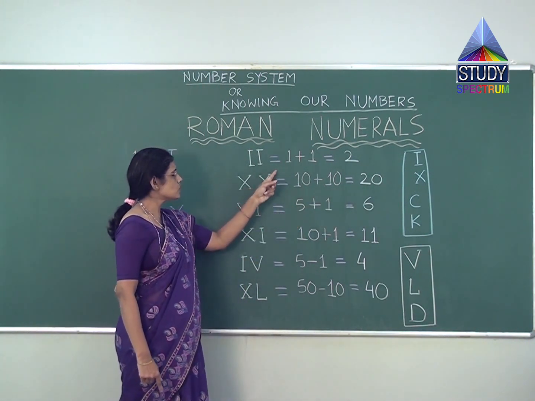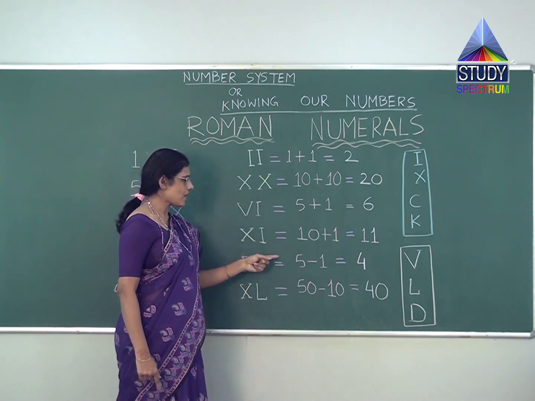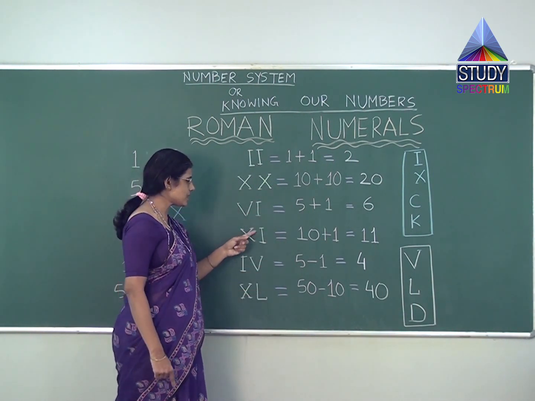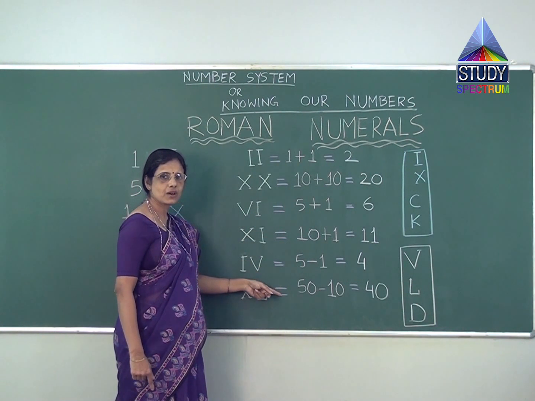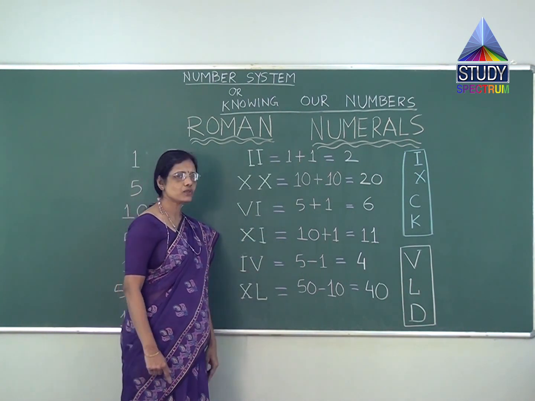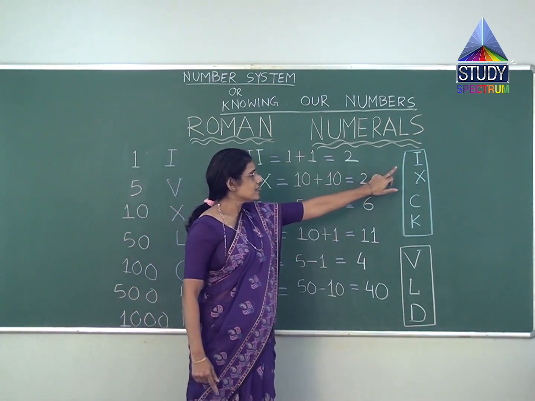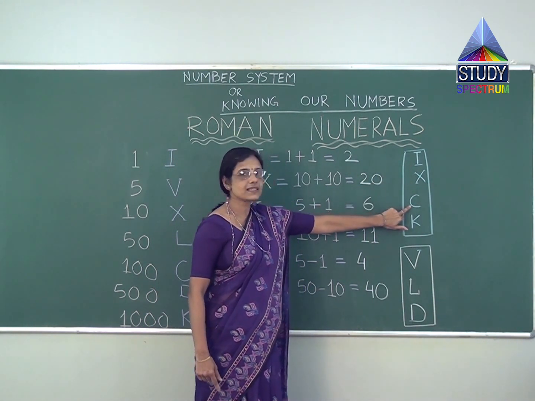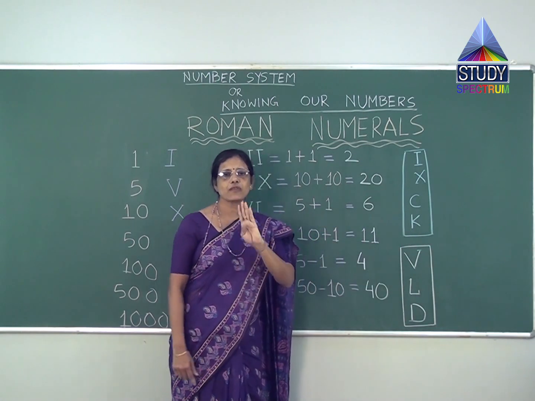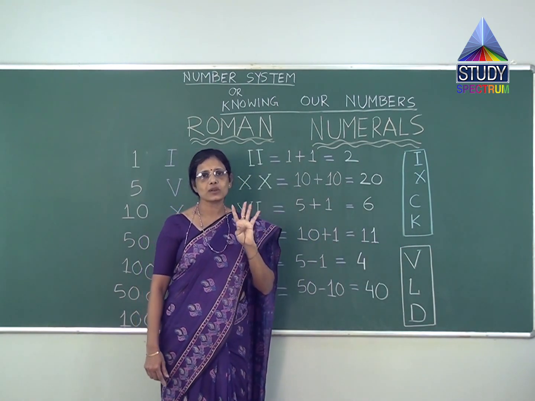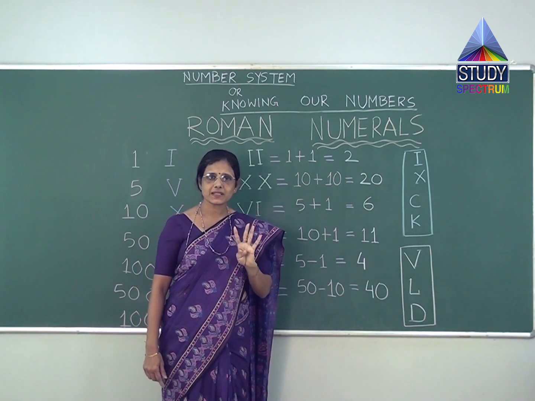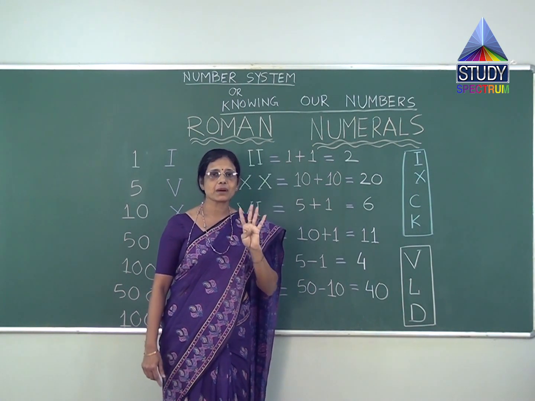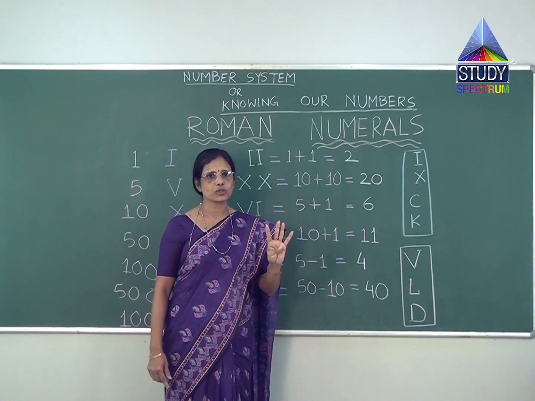Now 1, 2, 3, 4, 5, 6, so many things you can write, but see the differences. One thing we have to keep in mind, that these Roman numerals I, X, C and K, these 4 you can repeat, and the repetition can be maximum 3 times, not more than 3.